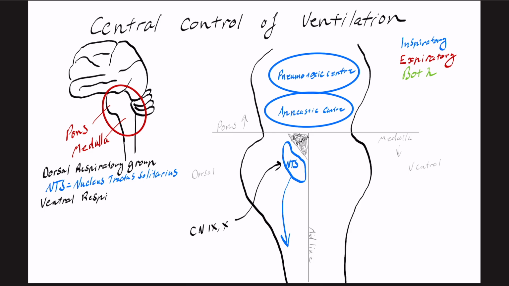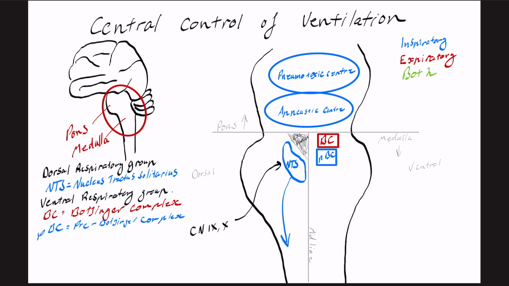Now on the right we have the ventral respiratory group. And this is made up of the Botzinger complex and the pre-Botzinger complex. So the Botzinger complex is important for expiration, while the pre-Botzinger complex is also known as the pacemaker and is responsible for inspiration, or timing the inspiration.